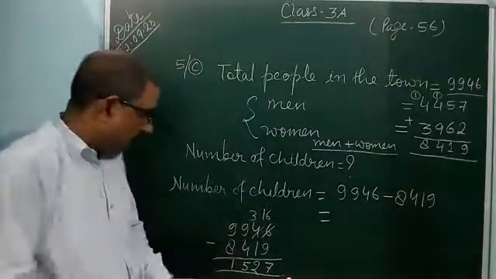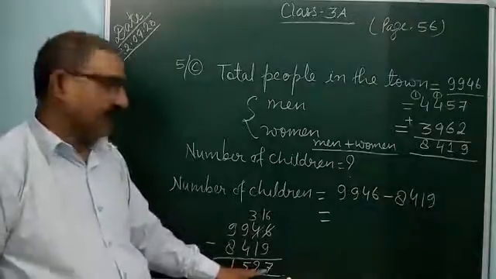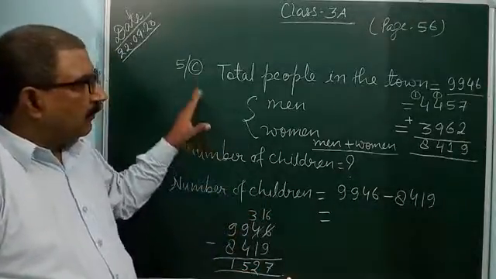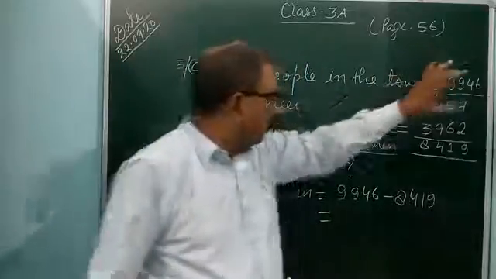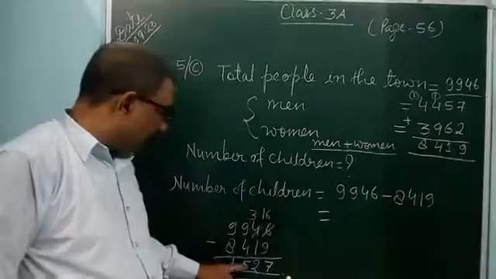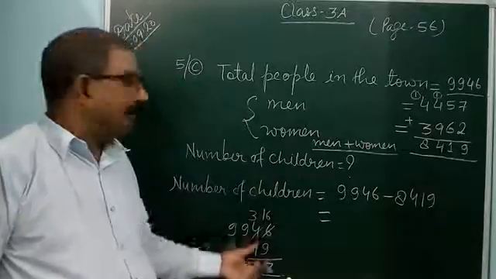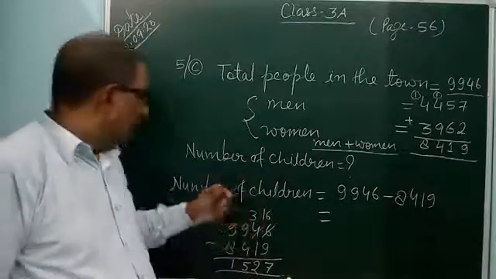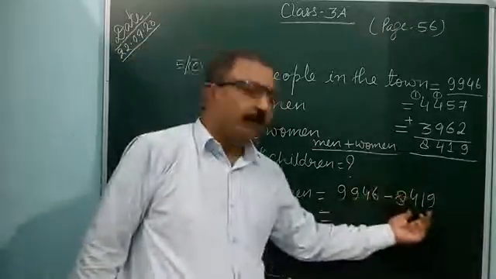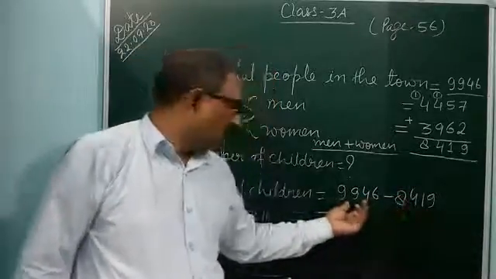So you can see 1,527. The difference between the total people and men and women is 1,527. That is the number of children. So for the number of children, you can subtract men and women from total people.